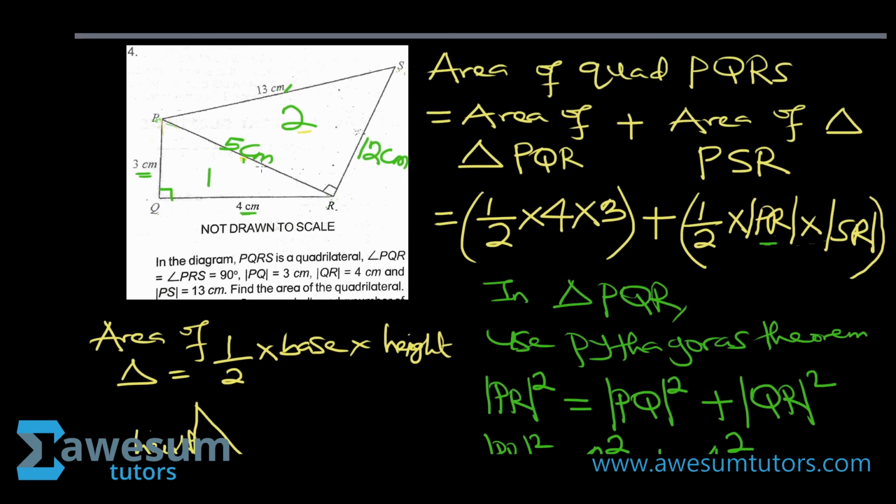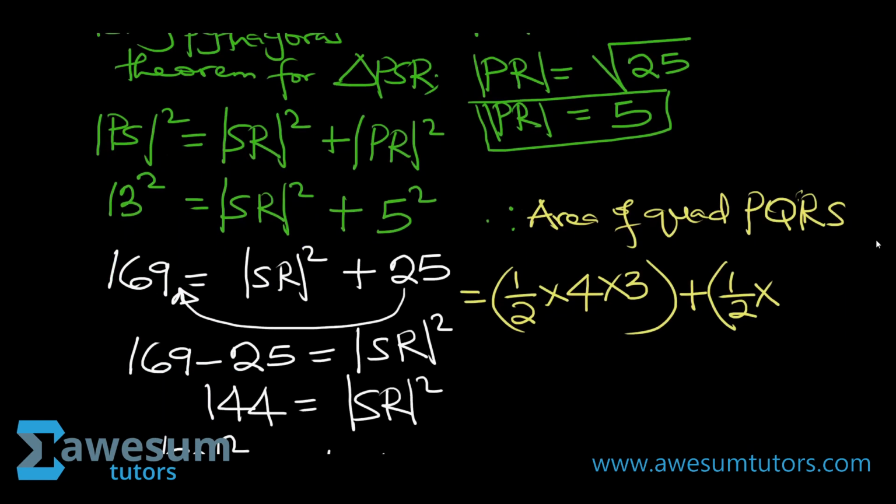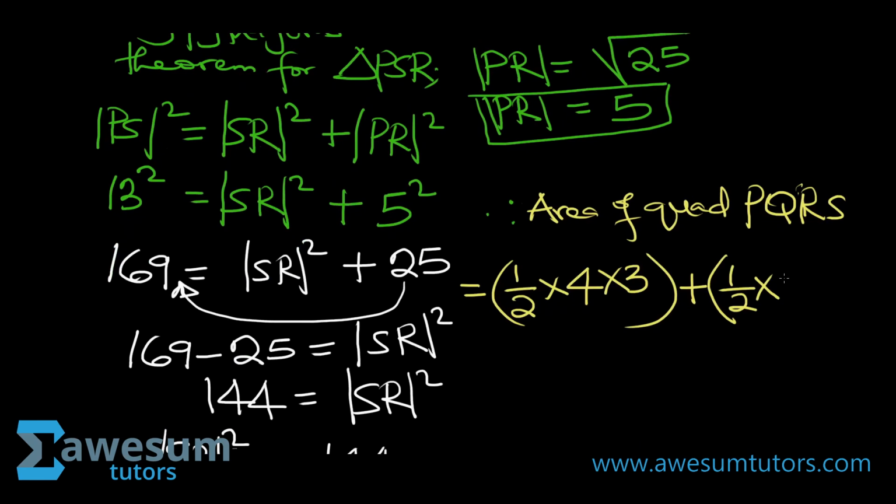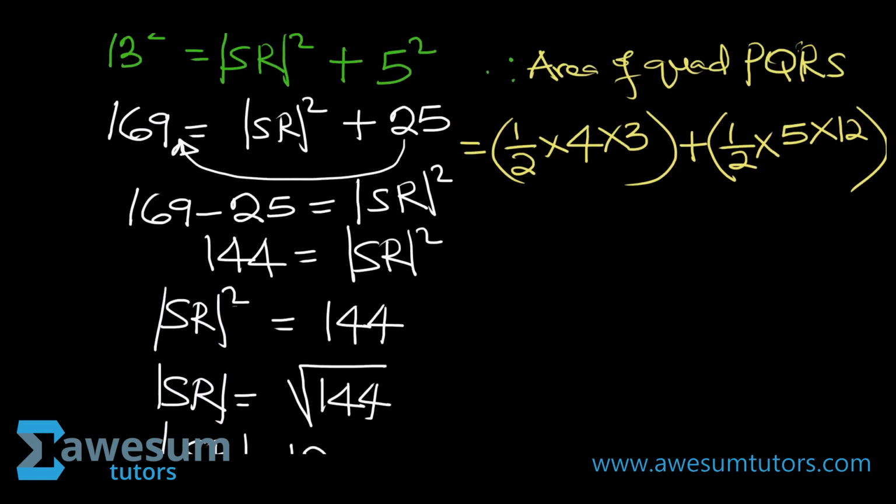We got PR to be 5. What about SR? SR is 12. So half times 5 times 12. Very good, guys. This is pretty easy now. I hope you guys understand the way we have been able to solve this so far.